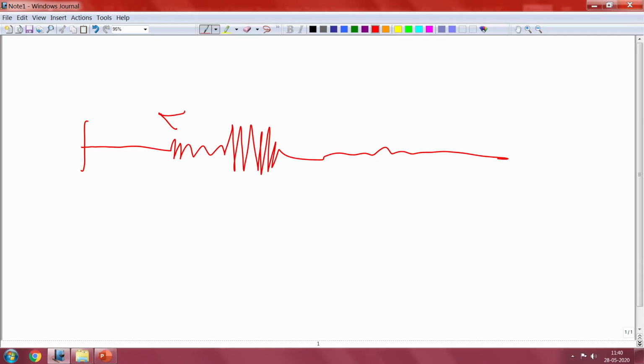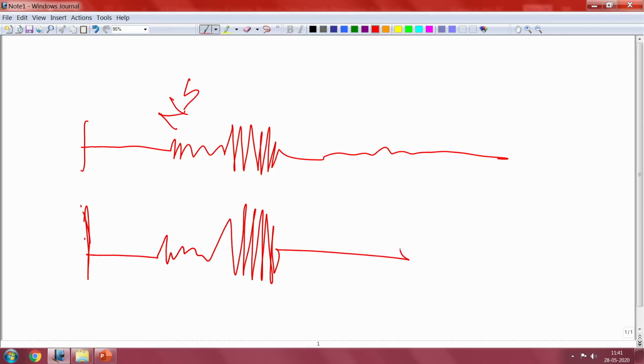This may be the north south component, and this will be the east west component. Here this is the east west. The absolute peak value will be identified. For example, here this one. If you go here, the highest may be this one.